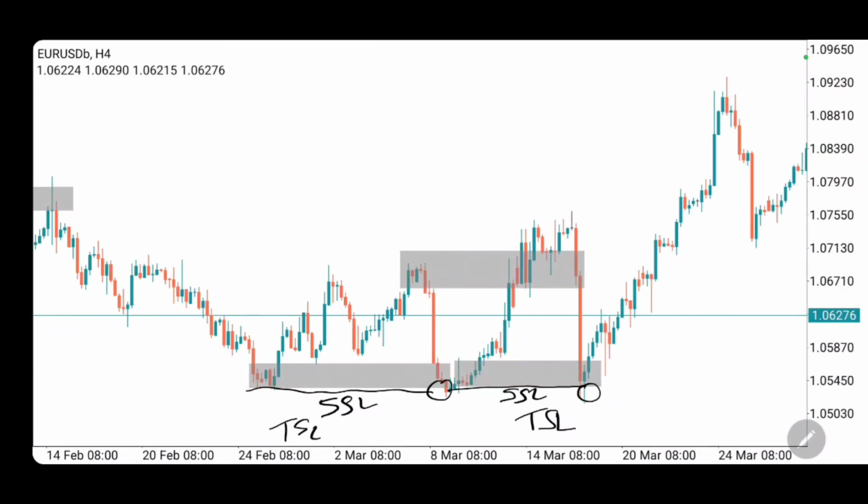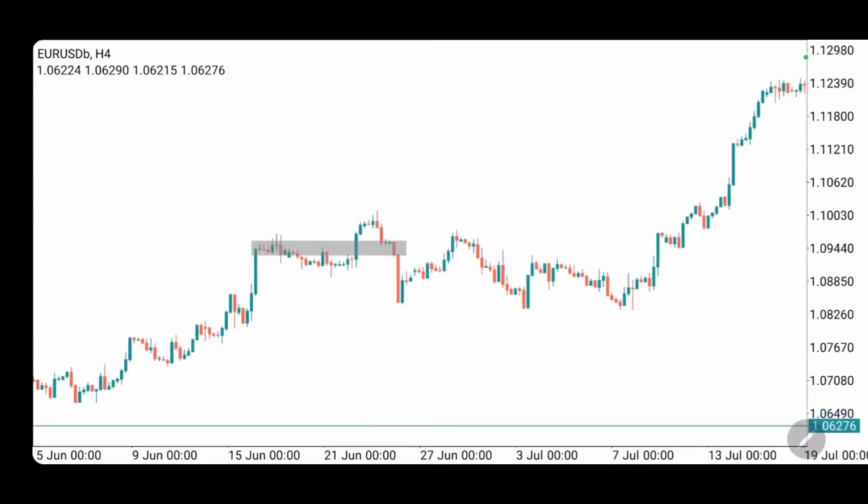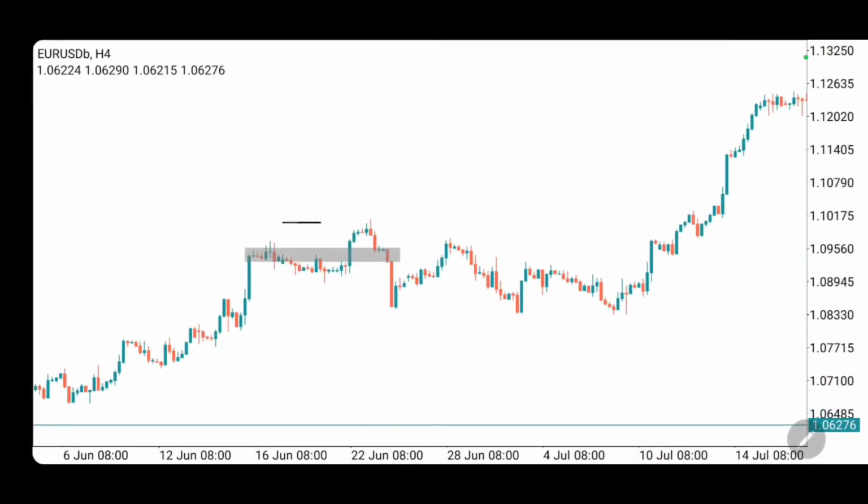Now, in this case as well, the market took out the buy side liquidity and gave us the total soup short. Here as well, the market took out the sell side liquidity and gave us the total soup short.